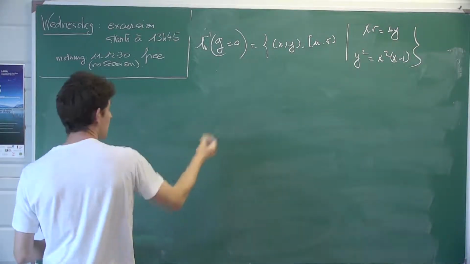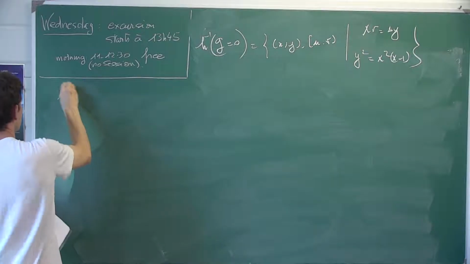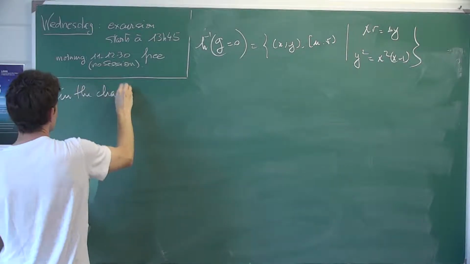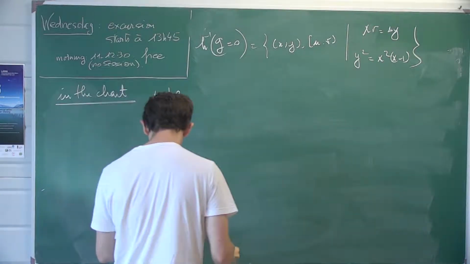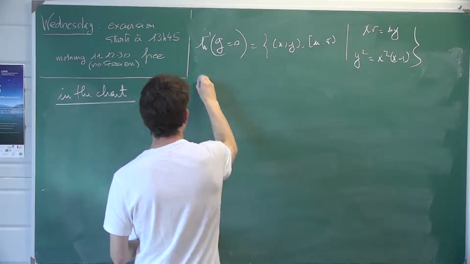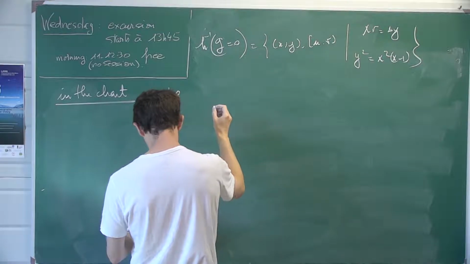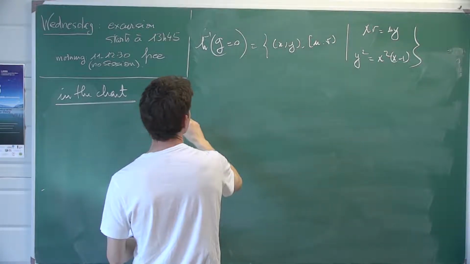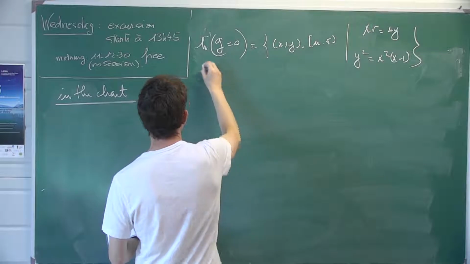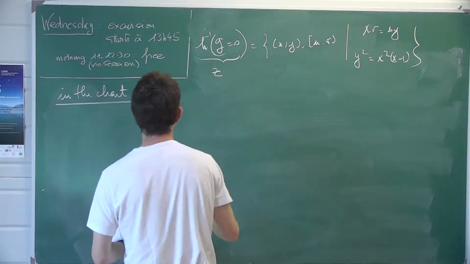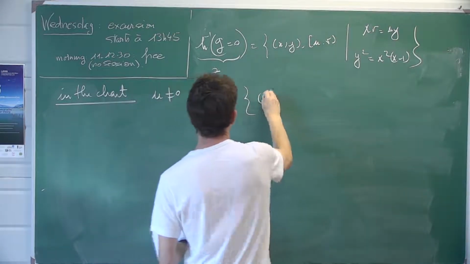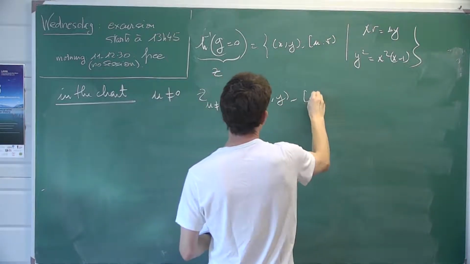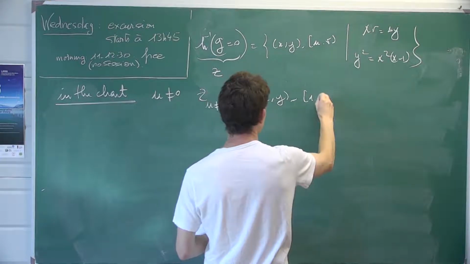So if we work in the chart u different from 0, so let's call it C. So I can do u equal 1.